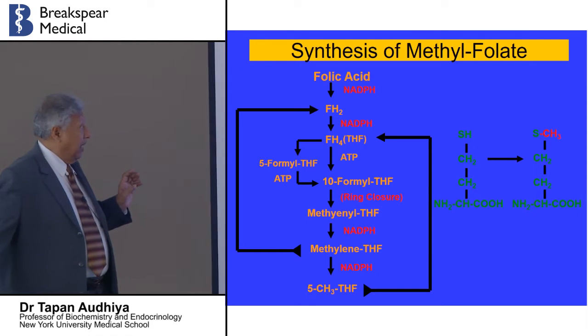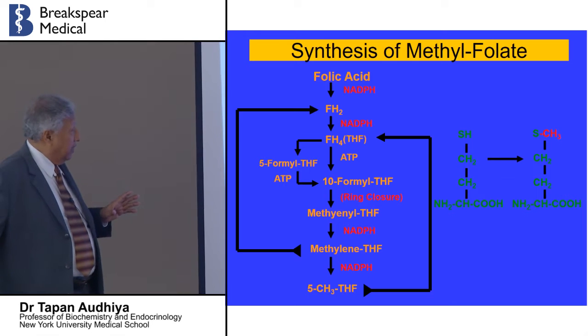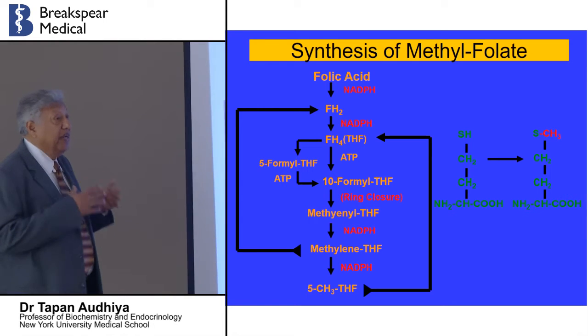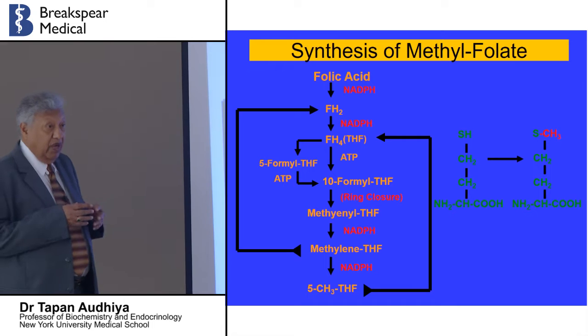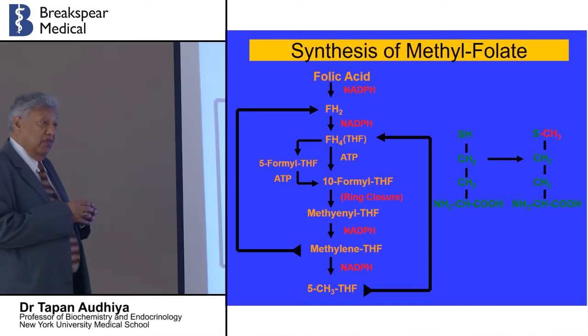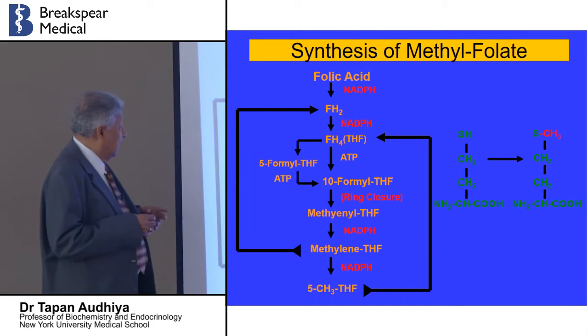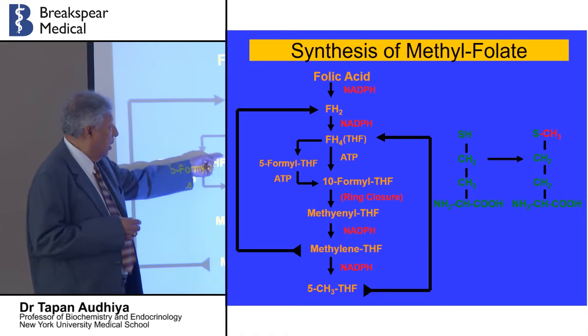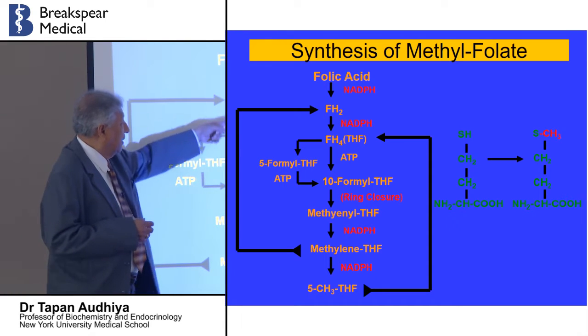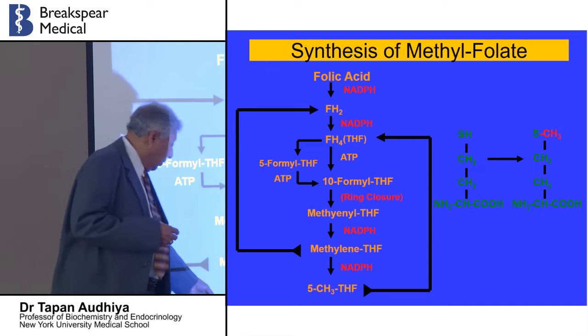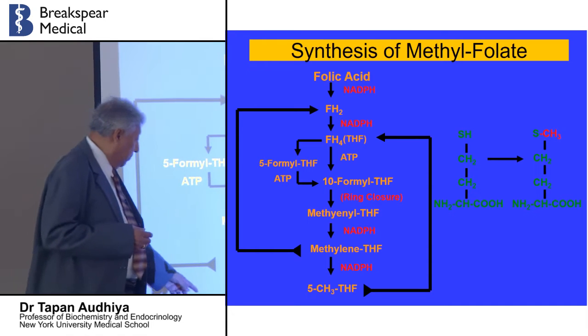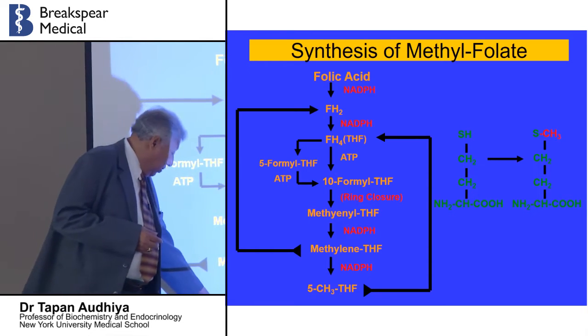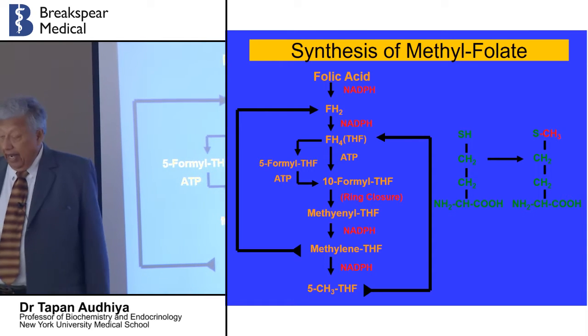I will talk about the doses a little bit later. Dose makes a big difference, what dose you give to the people who have a mutation. And this one is a particularly important one. We bypass the system. Of course, 5-methyl tetrahydrofolate is also a good one, but we found one has to be very careful when giving it.